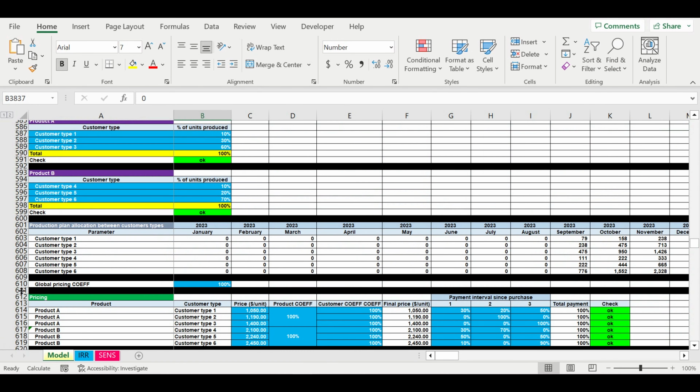So here we have the pricing coefficient. Let's add this coefficient here. So now this coefficient is added.